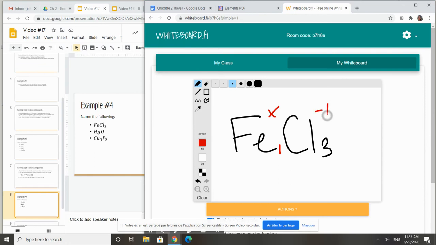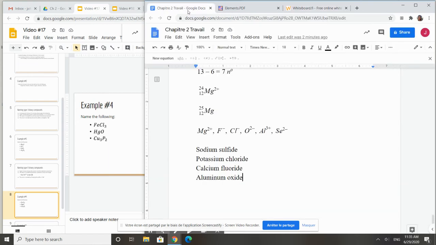I find chlorine's common charge, and it's -1, and then 1 times X plus 3 times -1 is equal to 0. I solve, I get here that X is equal to 3. So then when I write this out, it becomes iron 3 chloride.